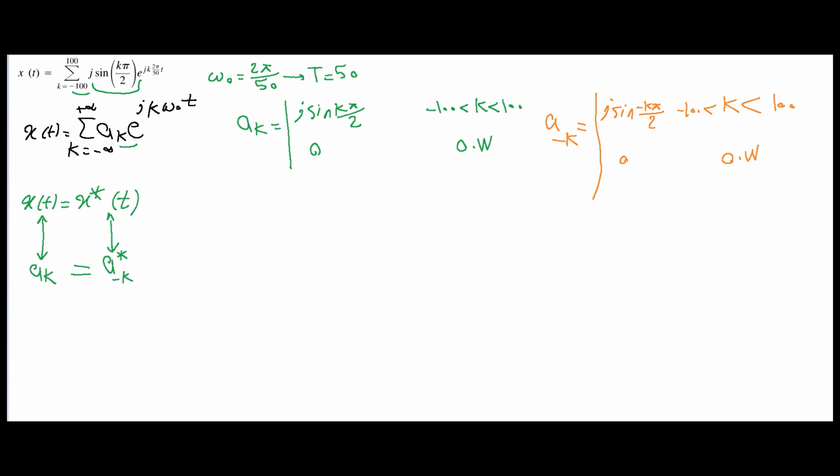Since the sine function is an odd function, sine of minus theta is equal to minus sine theta. Therefore, a_(-k) becomes minus j multiplied by sine of kπ over 2.